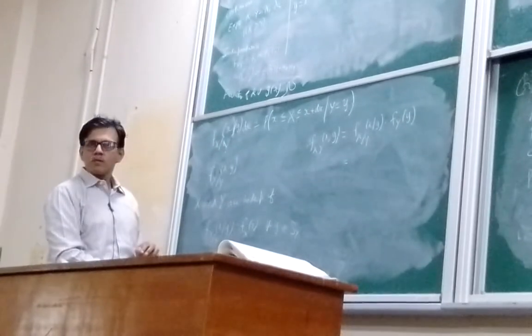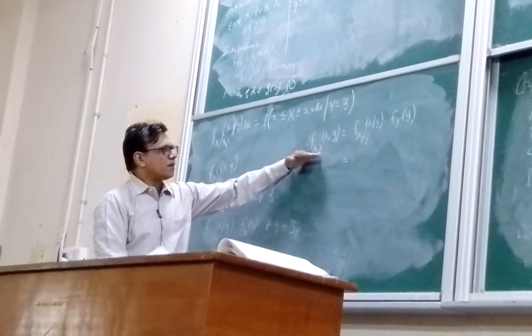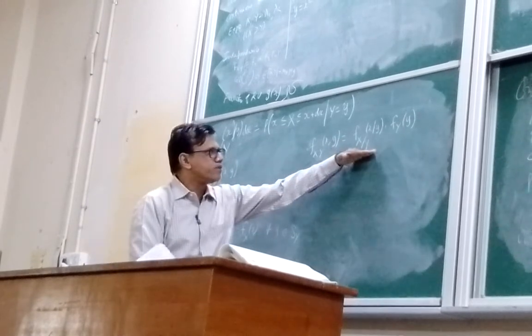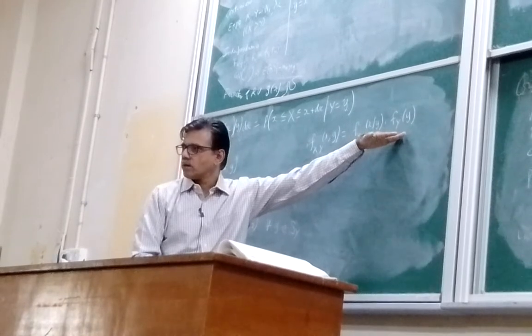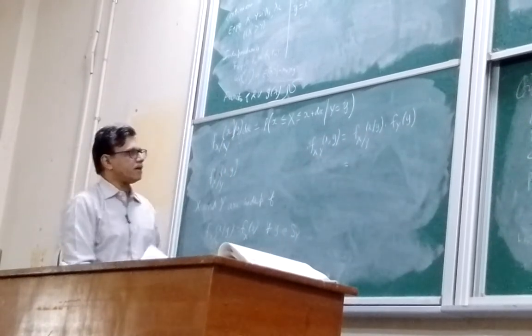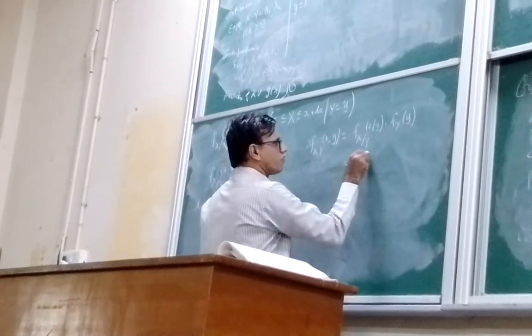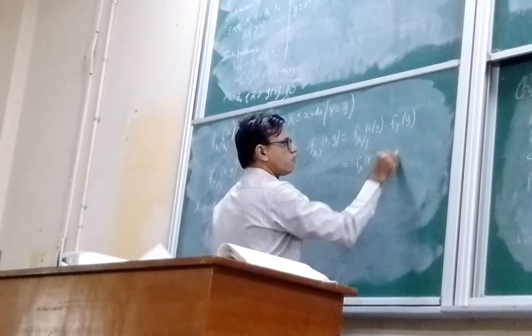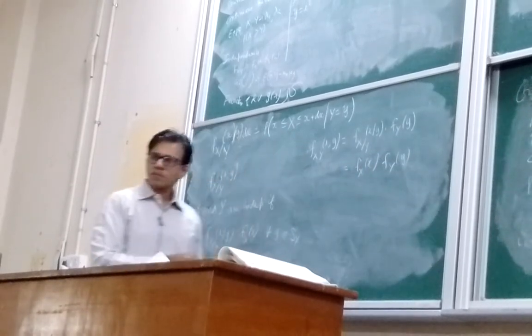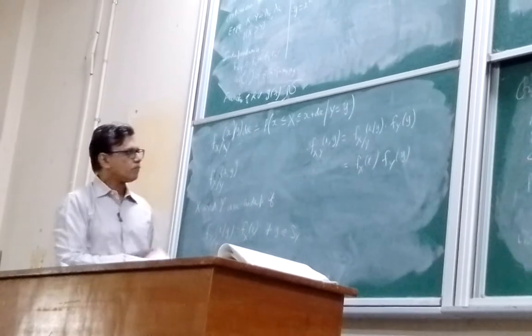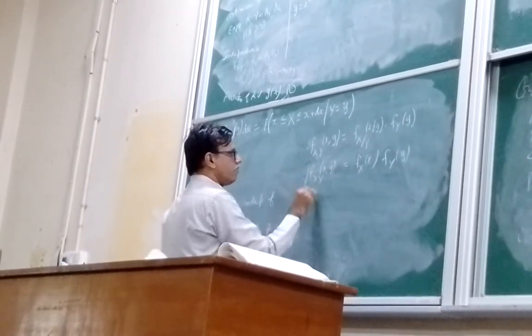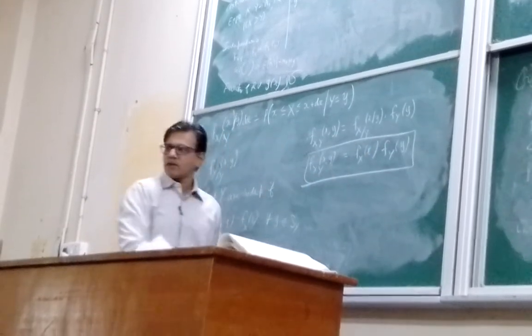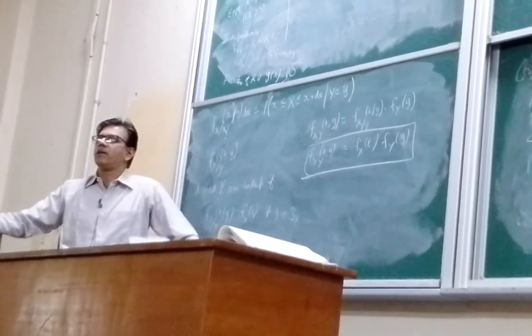So this is nothing but the joint density function is the conditional density function into the density function of the other. If they are independent, then we can write this as fx of x into fy of y. So if random variables x and y are independent, then their joint density function factorizes into the product of their density functions.